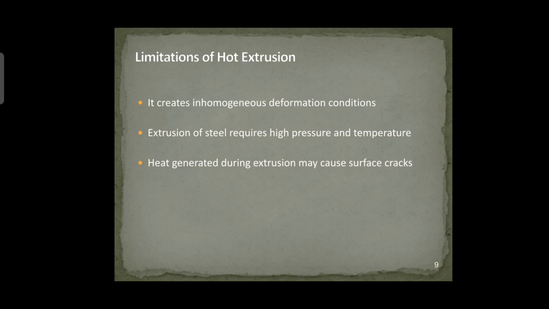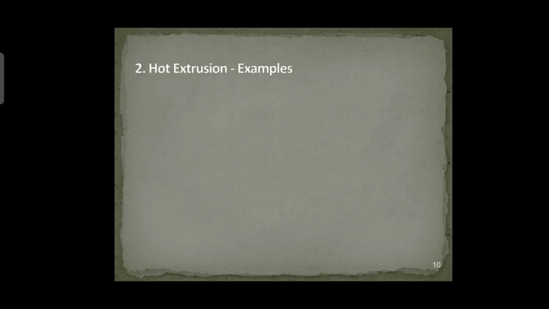Generation of cracks can be observed on the surface of the extruded part. There are a lot of chances, but they can be avoided. So these are a few of the limitations or disadvantages.